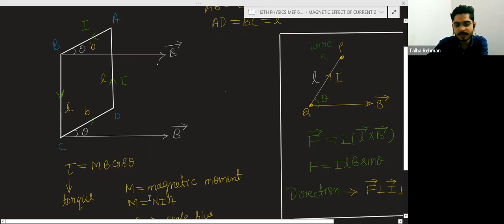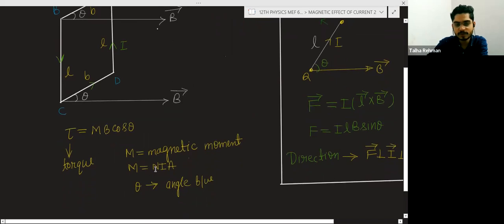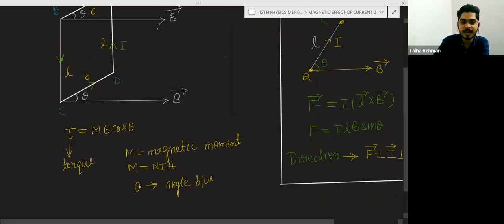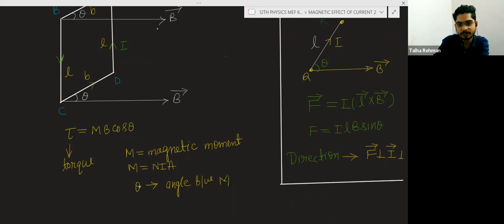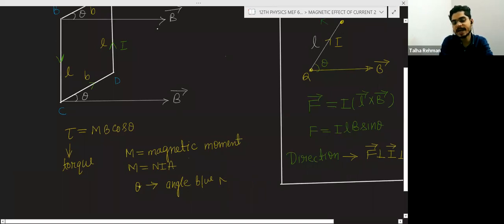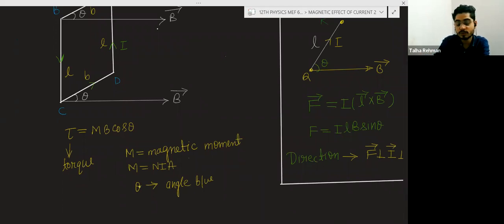M is the magnetic moment, and magnetic moment is given by number of turns in the coil, current into area of the coil, and theta is the angle between the magnetic field and the plane of the coil, not the magnetic moment. This you have to remember.